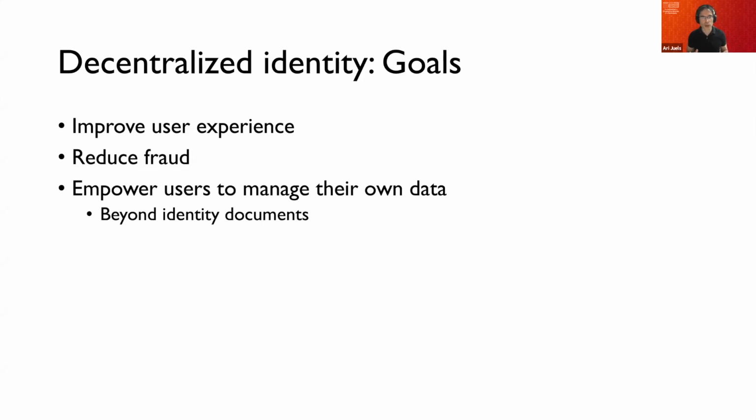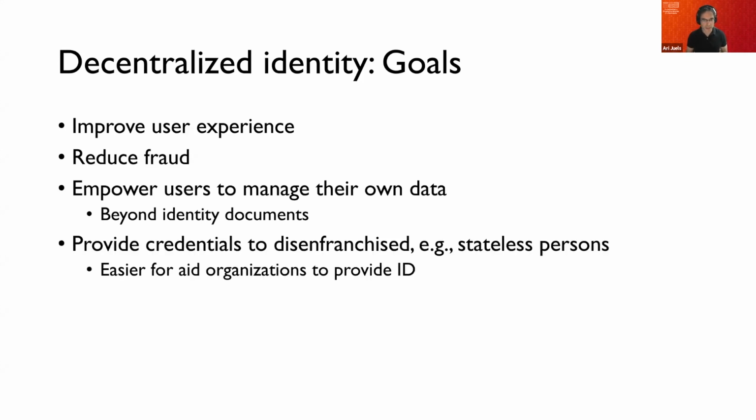And this control can extend to other credentials and to a wide range of sensitive data. Additionally, with decentralized identity systems well in place, it would be possible in principle to issue credentials relatively straightforwardly to disenfranchised persons, stateless persons, refugees, and so on and so forth. Aid organizations could easily issue identity documents.